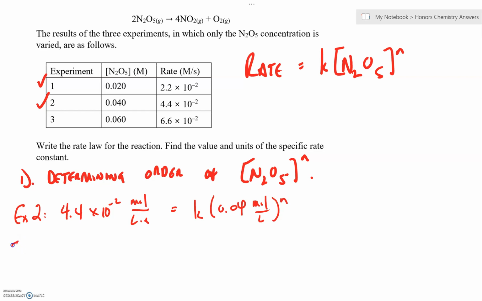I'm going to compare it to experiment 1. In experiment 1, we have a rate of 2.2 times 10 to the minus 2 moles per liter per second, equal to a rate constant K, which we don't know, and the concentration is 0.02 moles per liter raised to some power N that we don't know.